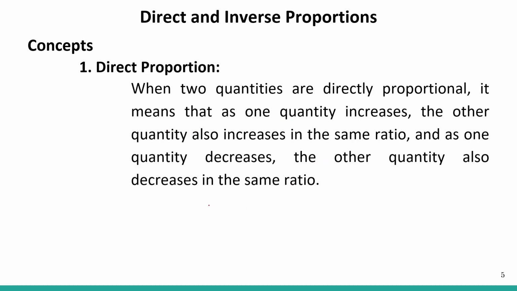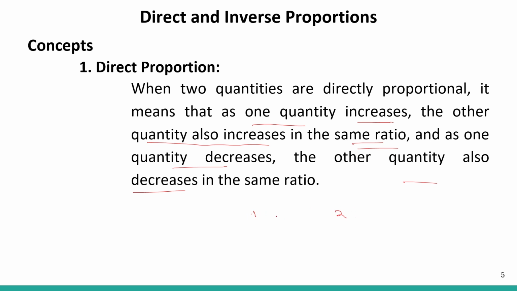So when two quantities are directly proportional, it means that as one quantity increases, the other quantity also increases in the same ratio. And as one quantity decreases, the other quantity also decreases in the same ratio. Let's say the first quantity is 1 and the second quantity is 2.